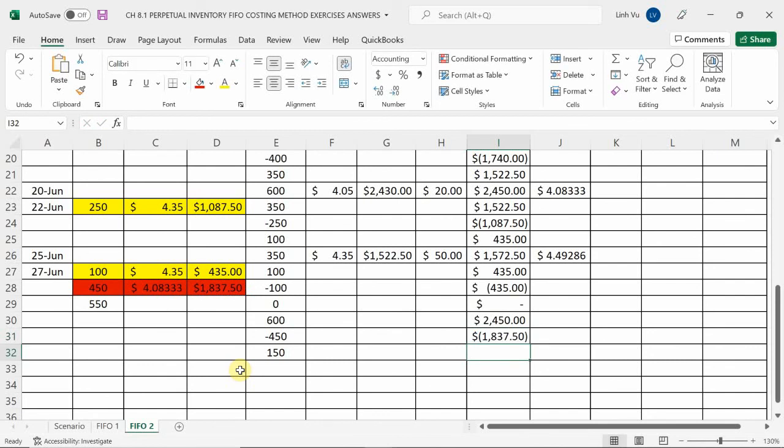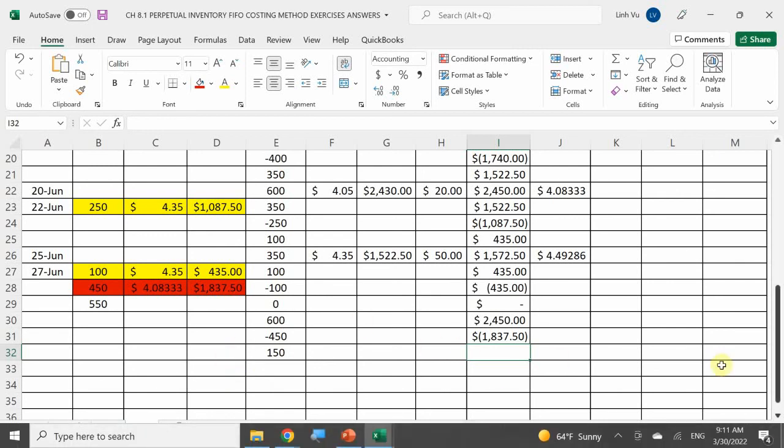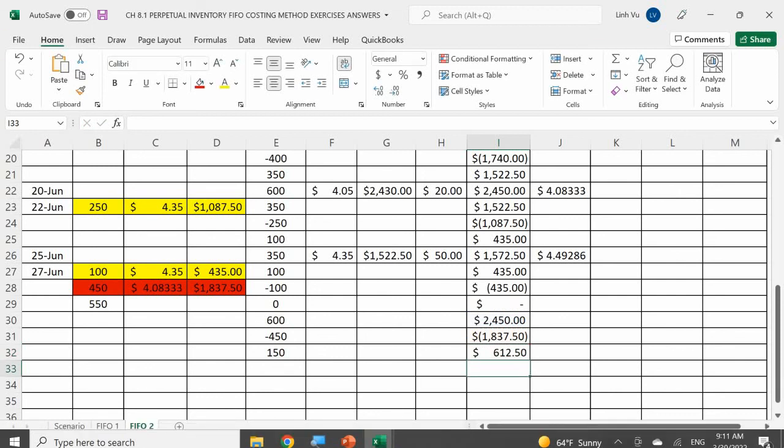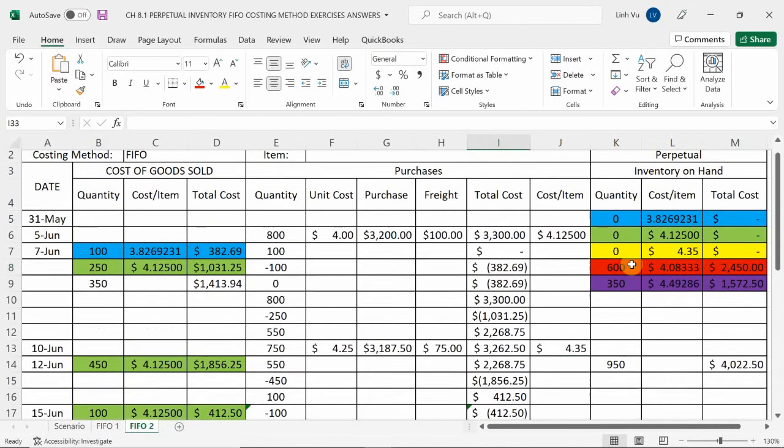So how much should we have left? $612.50. So let's go ahead and update our inventory.